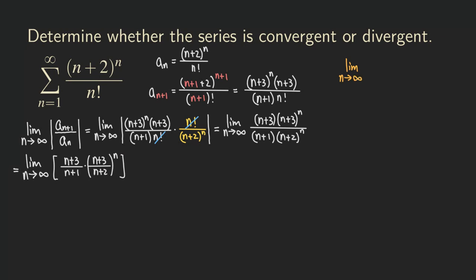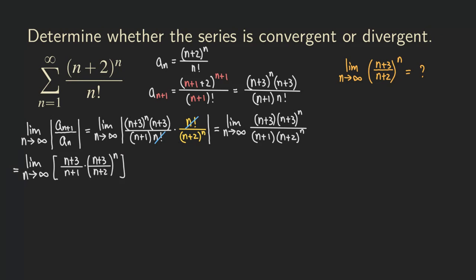So, n approaching infinity of n plus 3 over n plus 2, to the n power. For this one, we need to figure out whether the limit exists, and if it exists, what it equals.